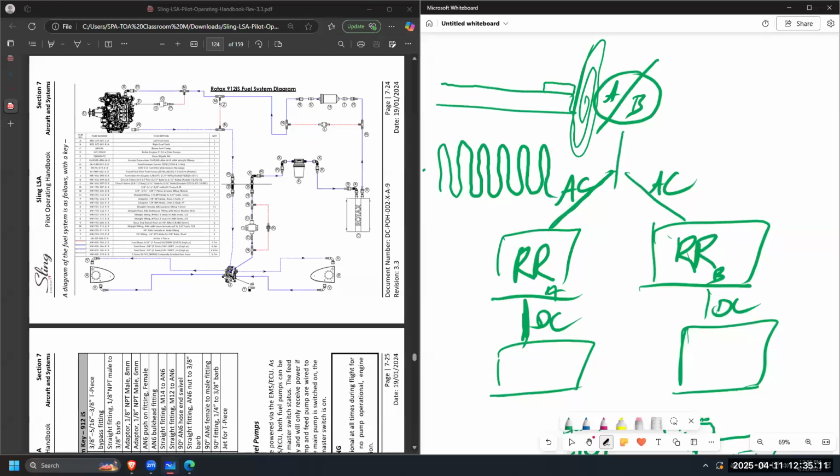And how does DC look like? Hopefully like this, right? All right. So this is direct current. This is AC current. This is DC current. Where does this go? Into the ECU. What does the ECU control?